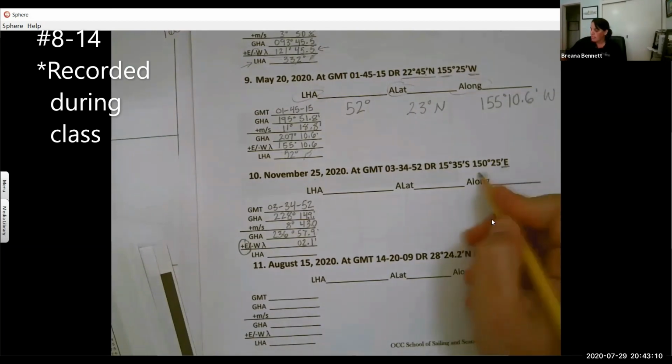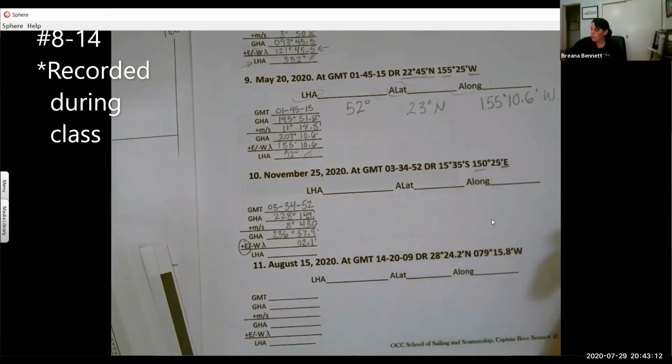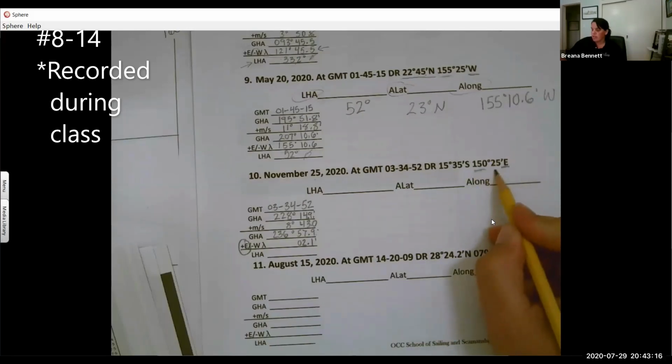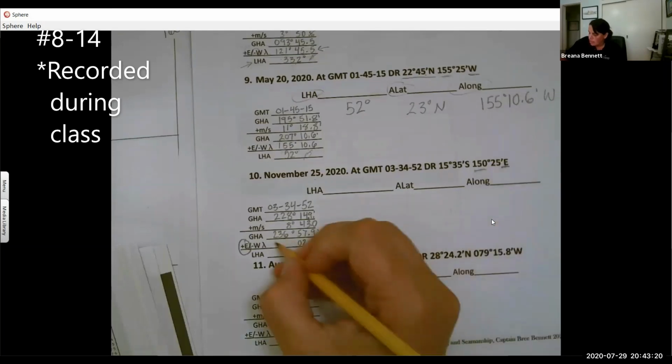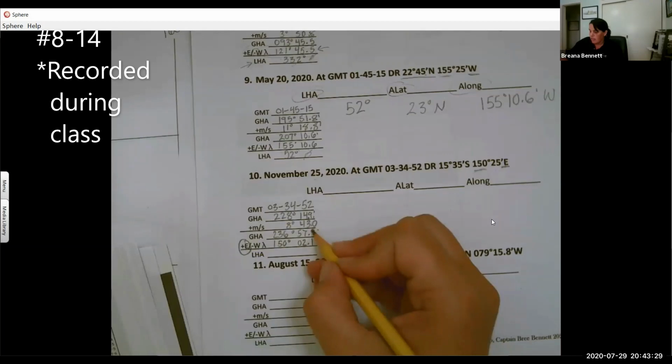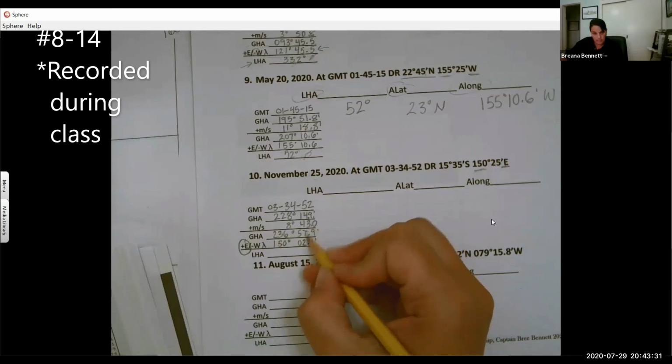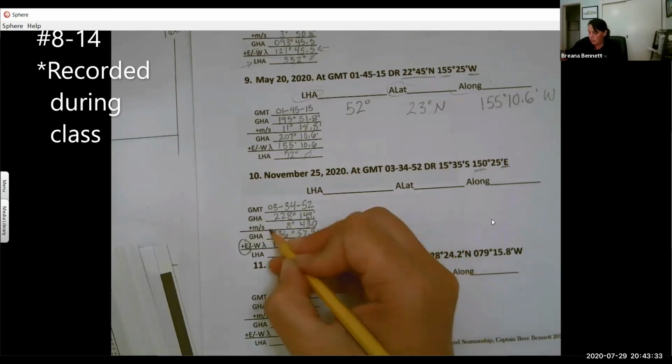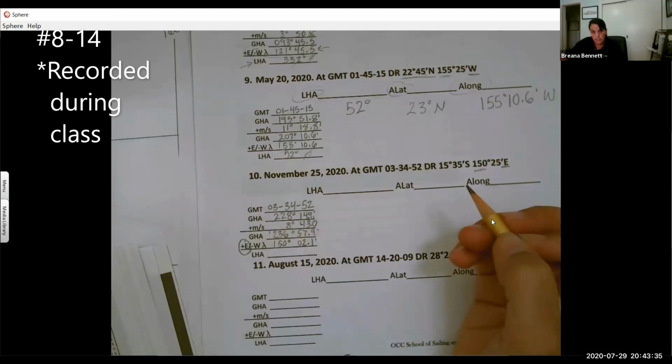So now I have to decide, is it 151, 152, 150? I'm going to say it's still the same. I'm going to go with 150. So now when you're adding this, you have to keep in mind this is equal to 60 and you have to carry that 1 on the degree side. Make sure you remember to carry that 1.